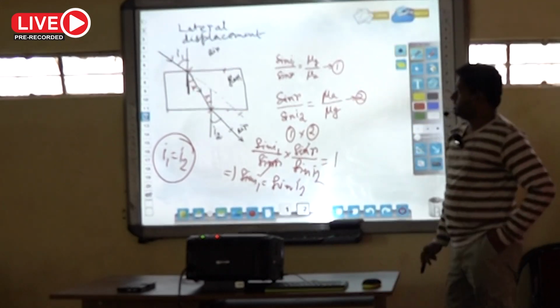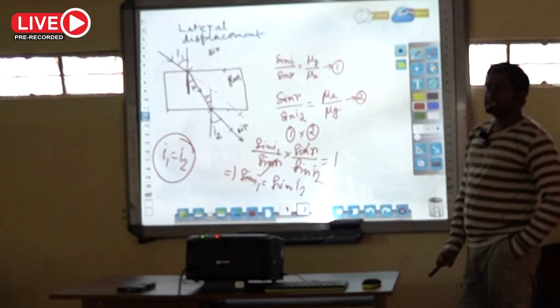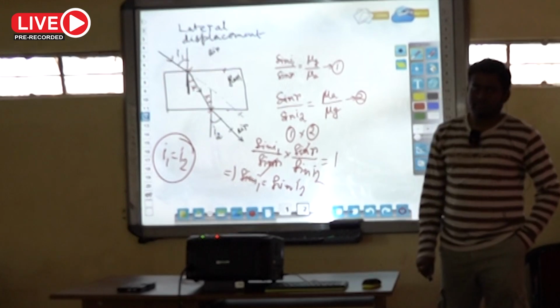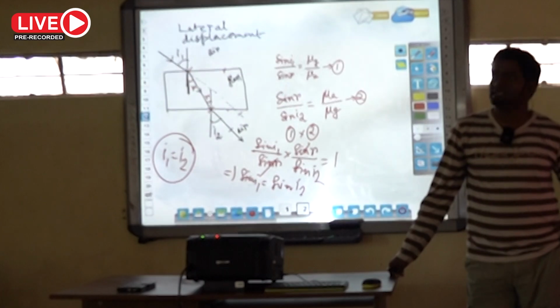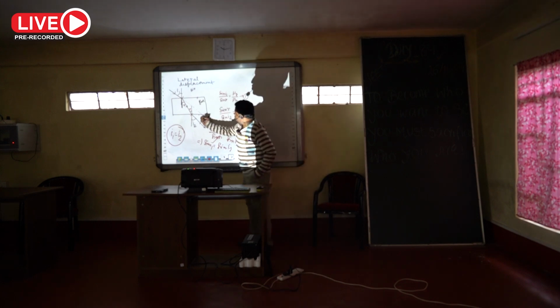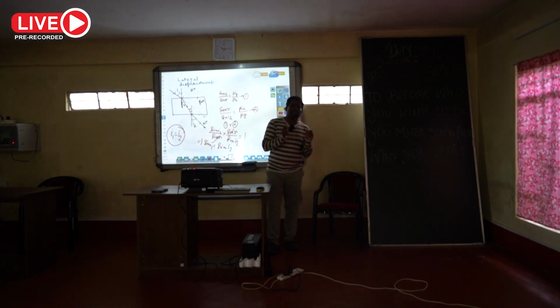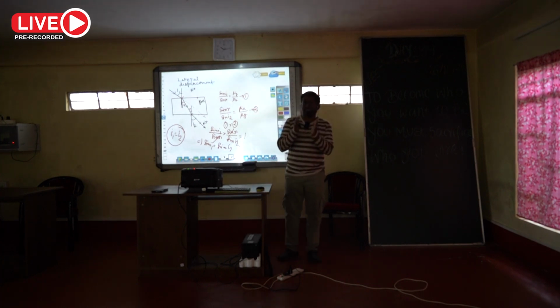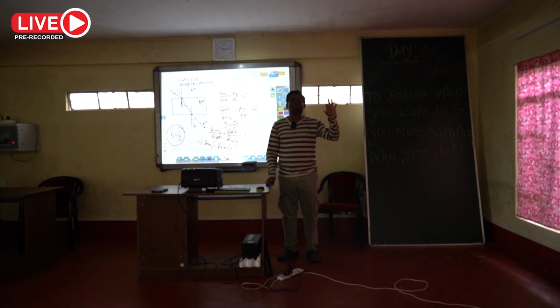See, if the thickness of the slab is given, then from this experiment we can find the displacement of the light ray path, means the gap between these 2 parallel lines, that we can calculate. Or if I can measure the displacement experimentally, then I can find the thickness of the slab.